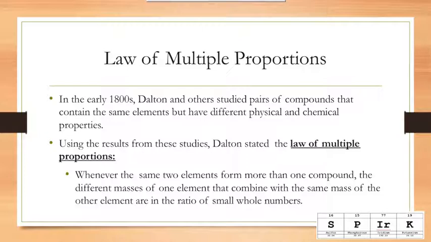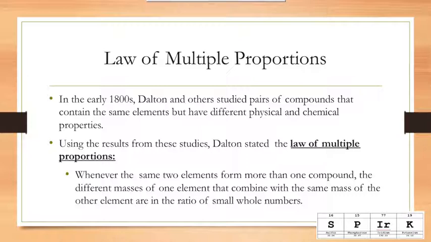So basically what that is saying is that there are different compounds that are composed of the same elements. So if we think about carbon monoxide and carbon dioxide, that's CO and CO2. Those are two completely different compounds.